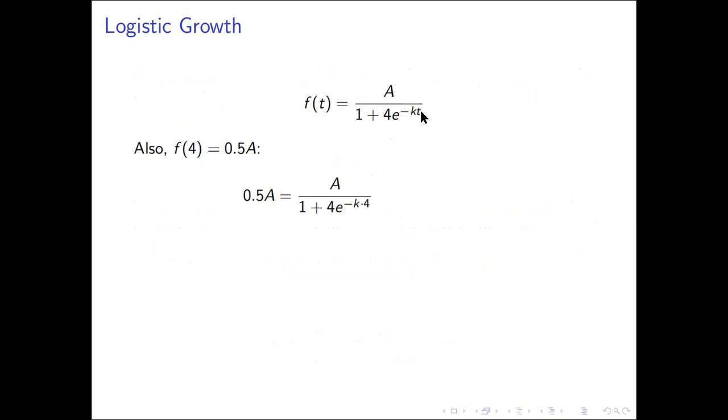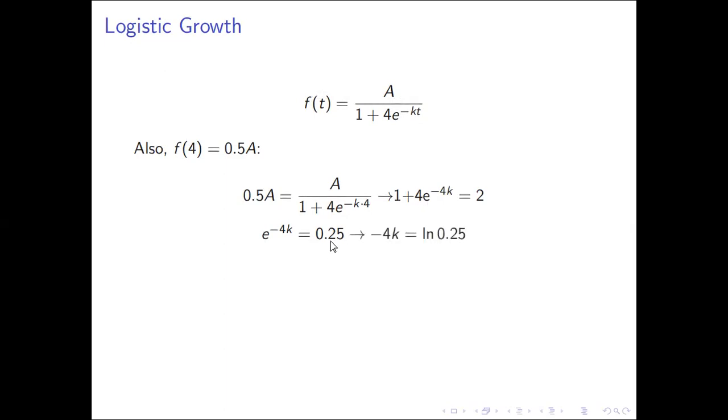Set t equals 4 here. So we have this equation. We cross multiply. A will cancel out, giving us this equation: 1 plus 4 e to the negative 4k equals 2, which we can solve for k by isolating it, giving us 2 minus 1 and then divided by 4.